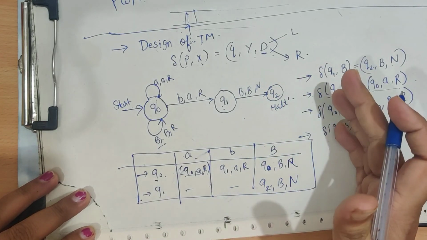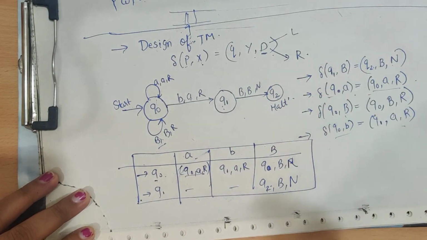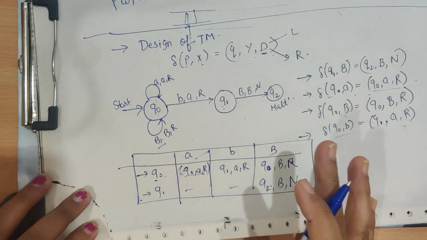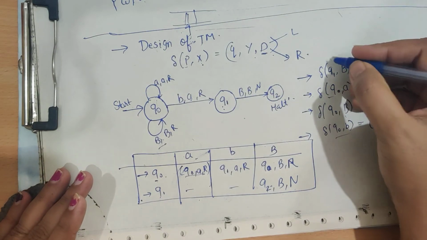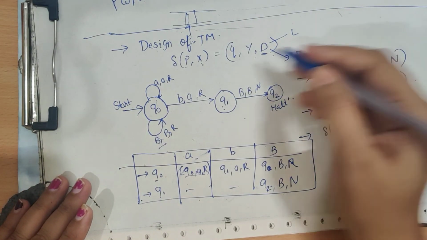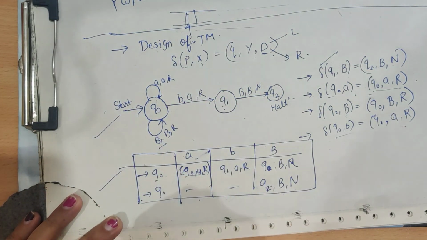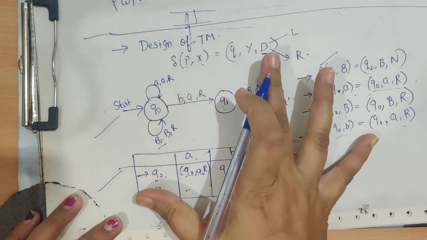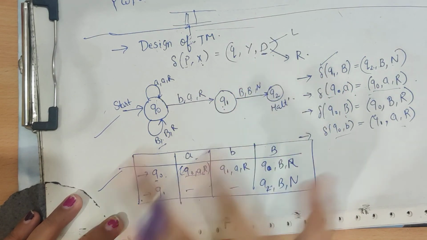Now next we will see how to compute with the Turing machine. So I hope you are clear on how we represent the transition IDs, then the transition diagram and the transition table. This is all about the basic construction of the Turing machine.